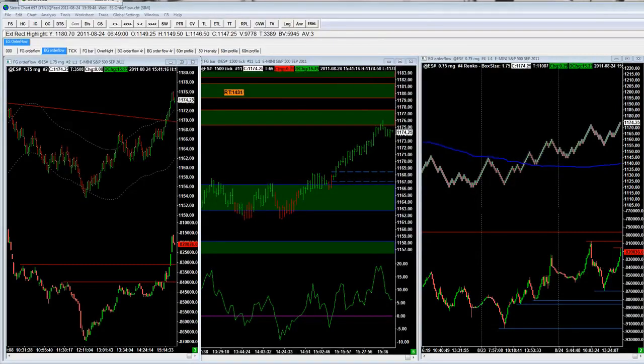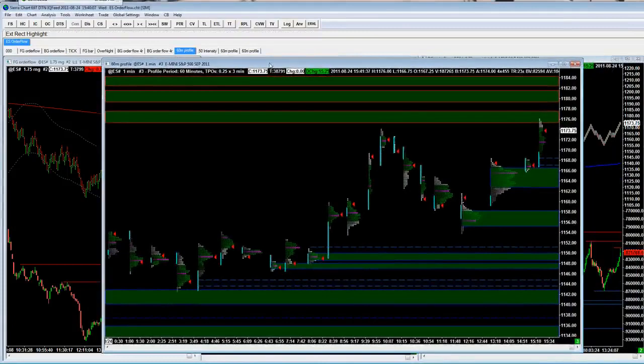Any questions on the three main pieces of information we gain from looking at the profile charts? Number one, the zones themselves. Number two, areas of more obvious imbalance. And number three, just taking in and making note of acceptance and rejection in the market.